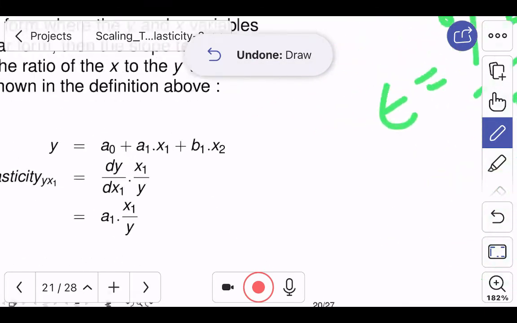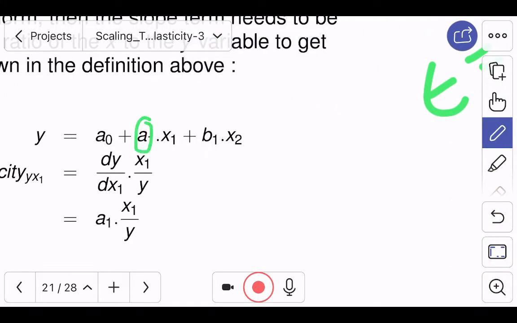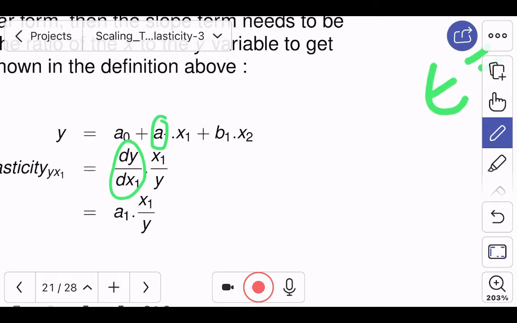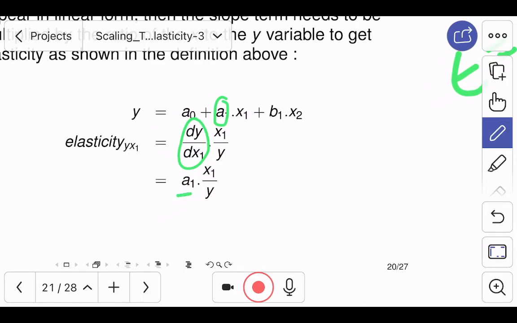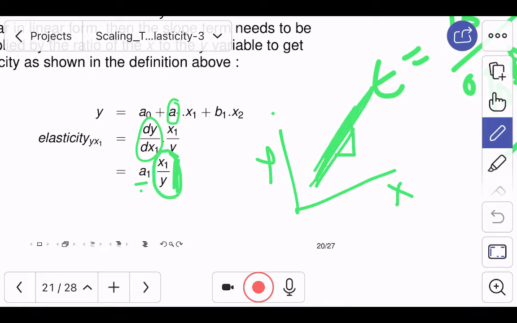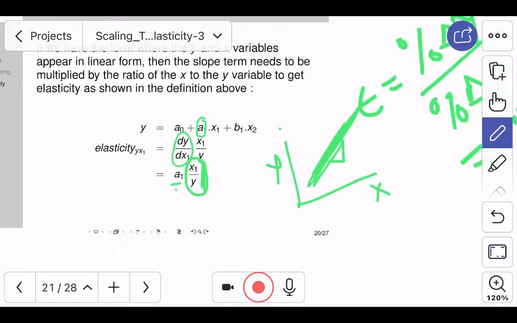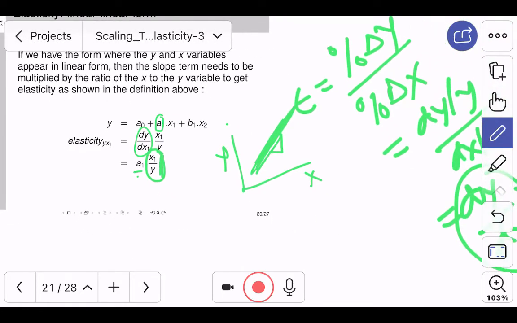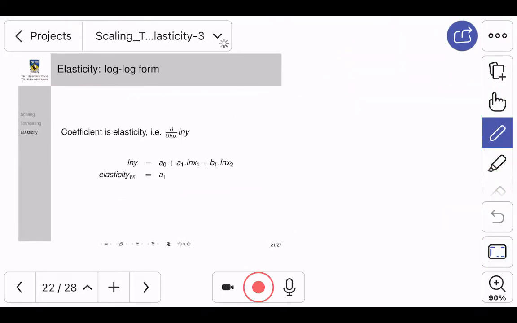So that's our a, that's a slope term. So in this case, what we do is take the slope, multiply it by x over y. That's how it works. So if I have a regression like this, x and y, the slope is constant, so that's a, but the elasticity will vary because these two values will vary depending on where I am on the line. Okay, so that's for the simple case.